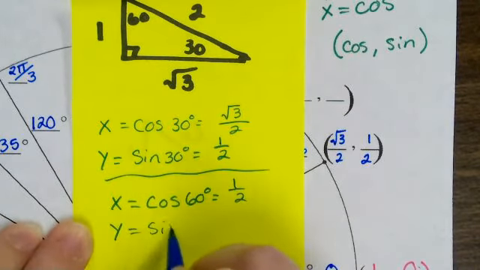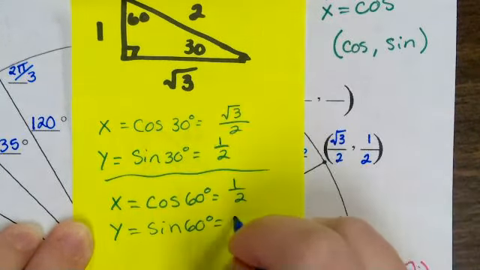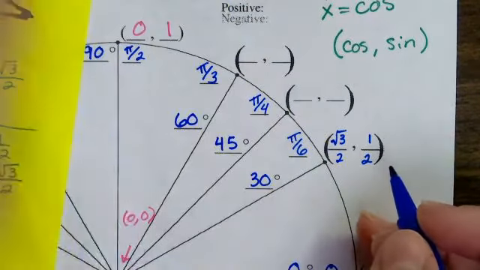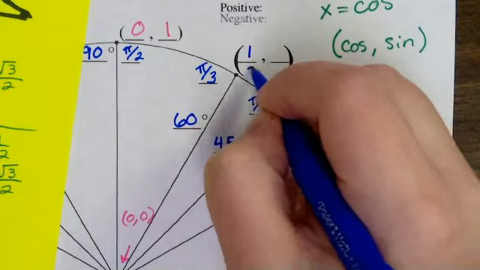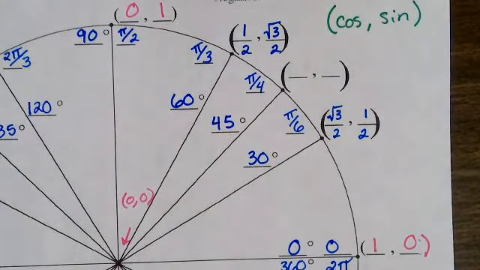And then sine of 60, opposite over hypotenuse, that's root 3 over 2. So what happens is my x and y coordinates just swap. That's because we're coming from the opposite angle, so the opposite and the adjacent switch. So cosine and sine switch.